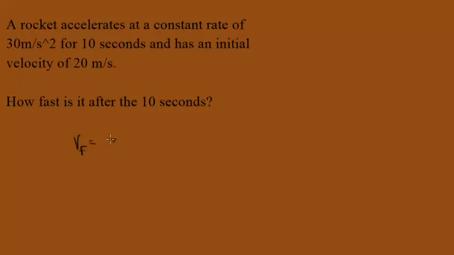We have 30 meters per second squared times 10 seconds, and we have to add on that initial velocity. And this is the first kinematic equation we used. Gives us 320 meters per second as our final velocity.